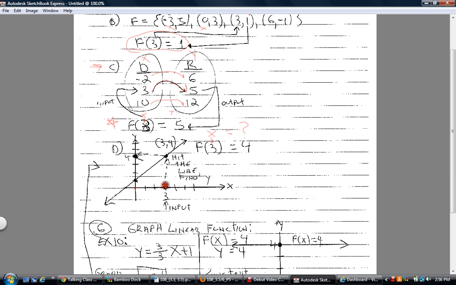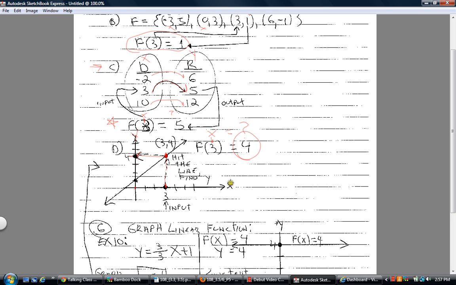What you do is you go vertical, and you find the ordered pair where it hits the line. You come across, and you find the corresponding y value, which is a 4, and that ordered pair is 3, 4. So when x is 3, the output is 4, and there's your answer.